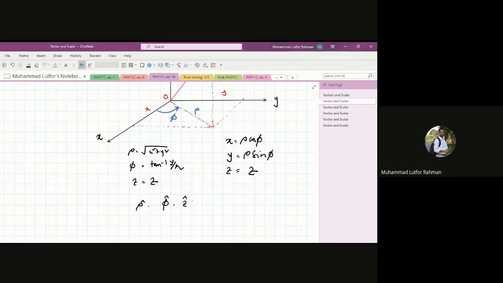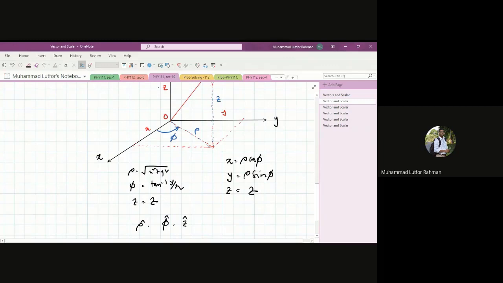So the direction of the unit vector rho would be towards that direction, because this is the direction of increment of rho, and this would be the direction of increment of phi, because phi is increasing in that way, right? And this angle is 90 degrees. And what is the direction of z? The direction of z head would be towards that direction. So that's how the directions of the unit vectors for the cylindrical coordinate system would be.